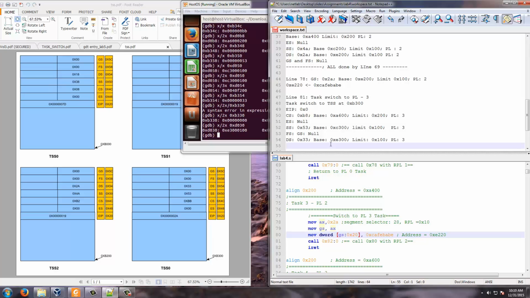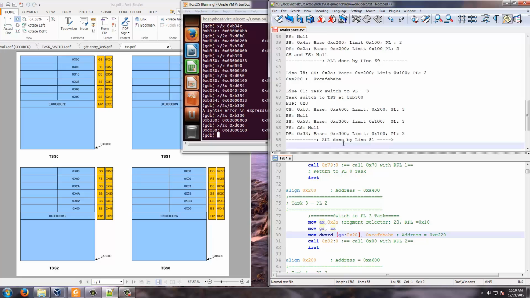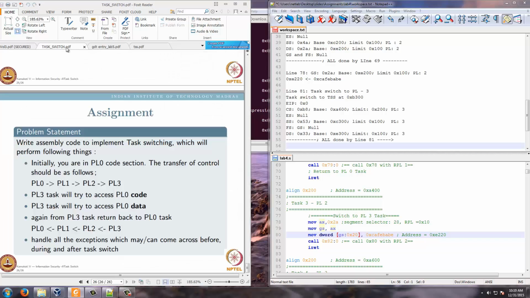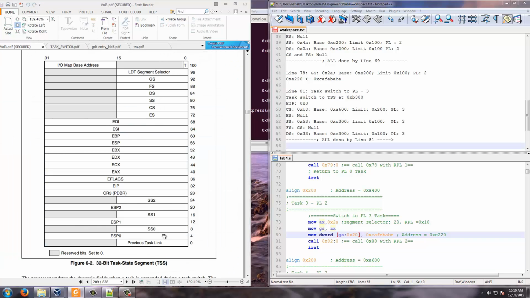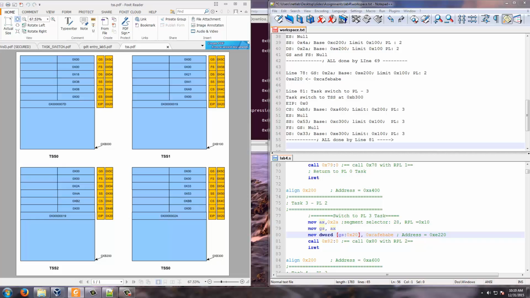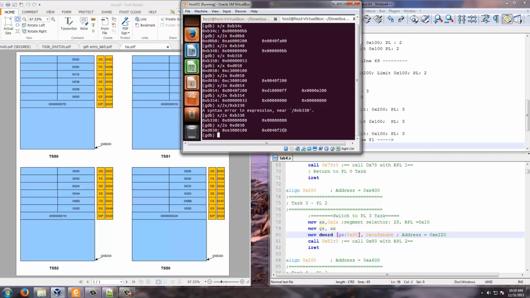And all this is done till line 81. Okay. Now all done by line 81. We should also go and find out what is the stack segment. So ESP. So ESP is, as you see here, 38.